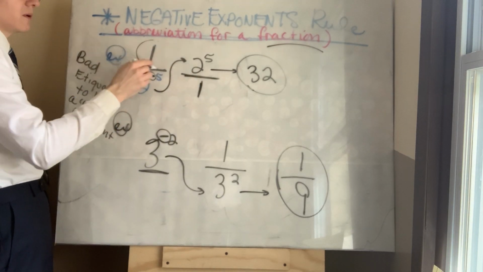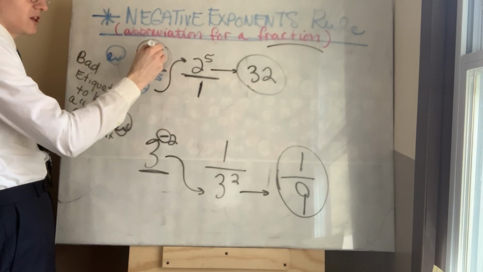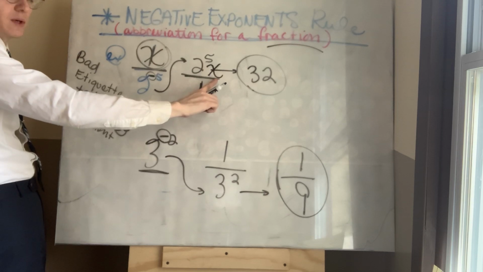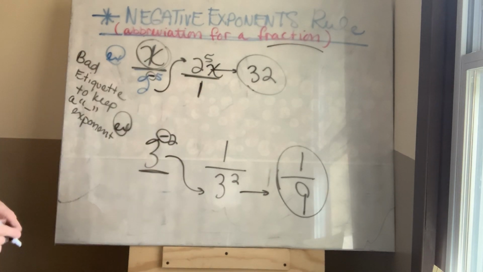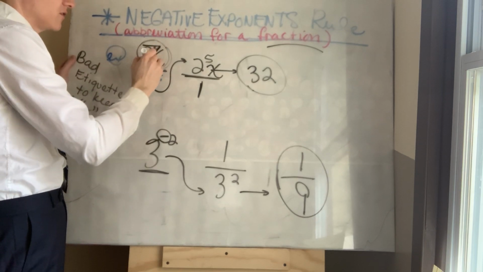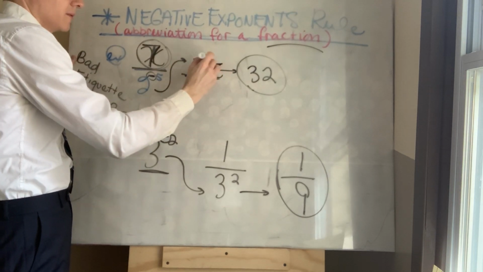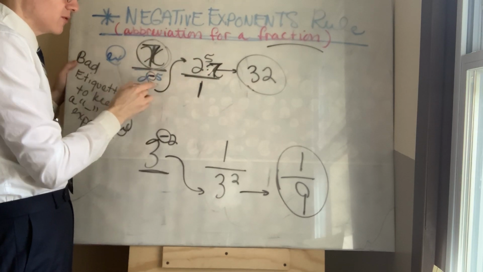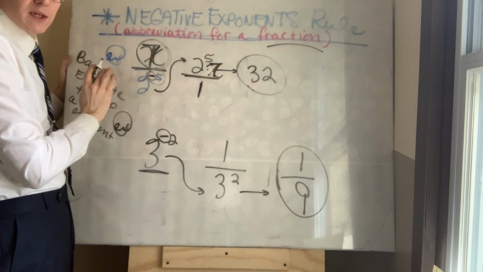If this number that is sitting up on the top were, let's just say x, then it would still be there after the fact. If it was some other number, if you had 7 sitting up here, then it would still be here after the fact, because it is not being influenced by this negative exponent at all.